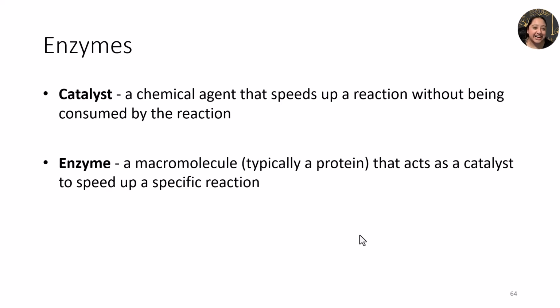You could speed up a reaction by adding a lot more sucrose, but that's not going to make it that much faster, and the sucrose gets used up in the reaction. A catalyst speeds up a reaction but doesn't get consumed. An enzyme is a macromolecule, usually a protein, that acts as a catalyst to speed up a specific reaction.